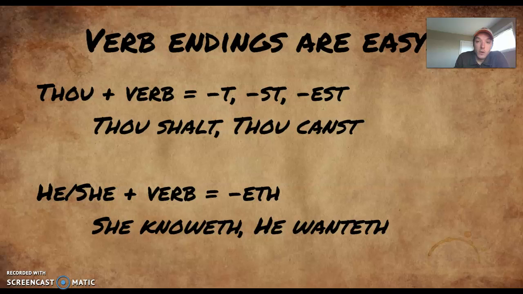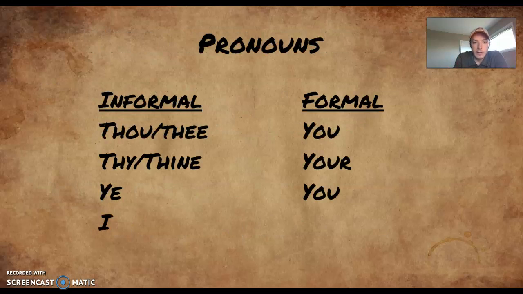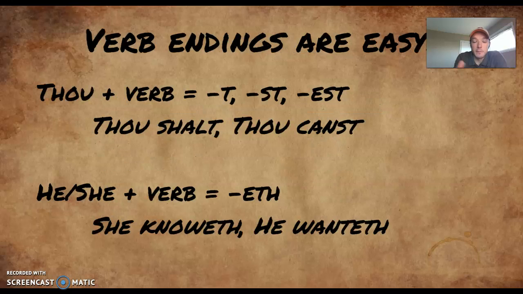Now, verb endings do not change in English anymore. But when Shakespeare was writing, they did. So if you have thou, which is an informal version of you, thou plus a verb ends in T, ST, or EST, depending on the verb.